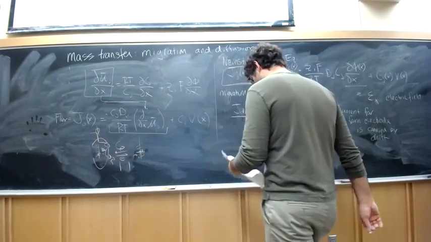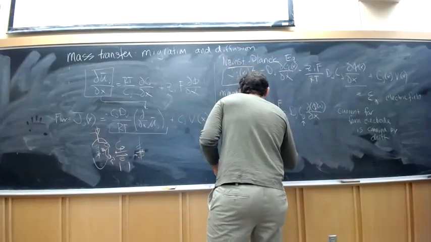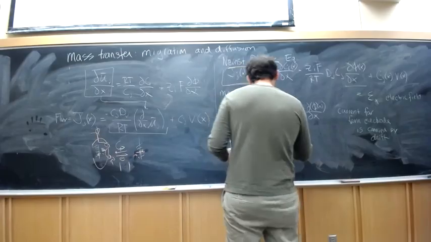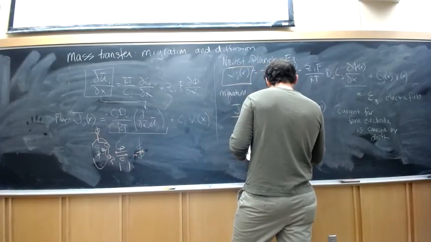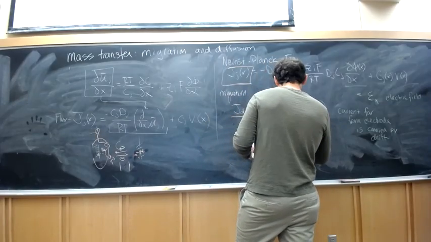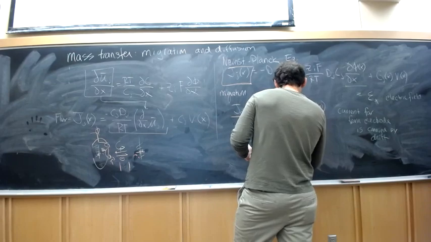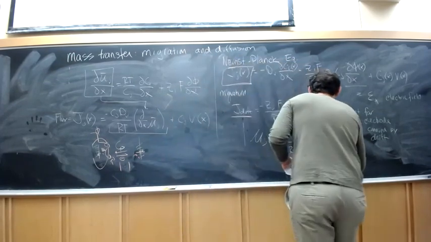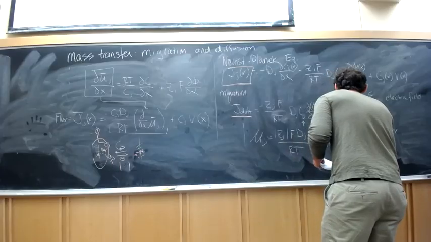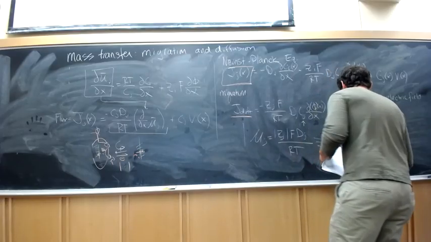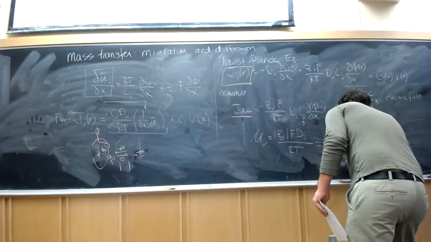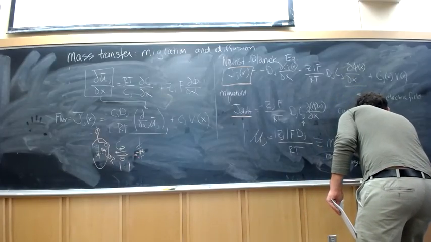So just to go on here, often we define something called the mobility: μ_j equals the absolute value of the charge number, F, times the diffusion coefficient, over RT. You'll hear this in semiconductor physics too. The mobility is just how fast something can move.